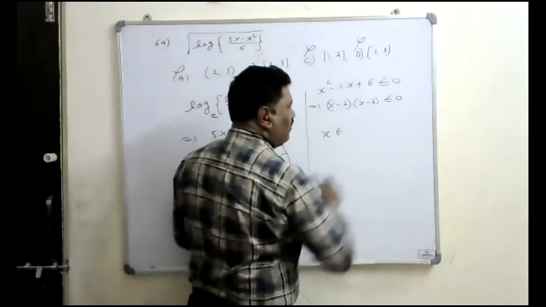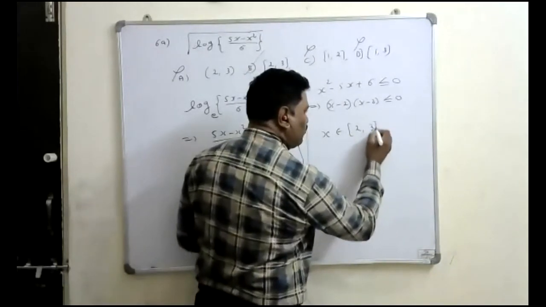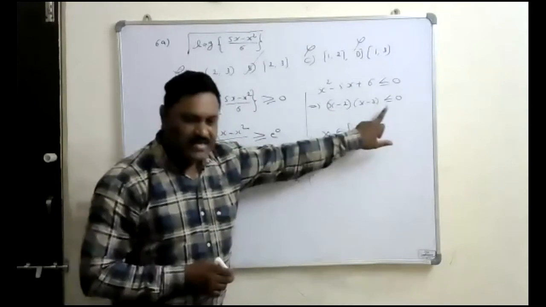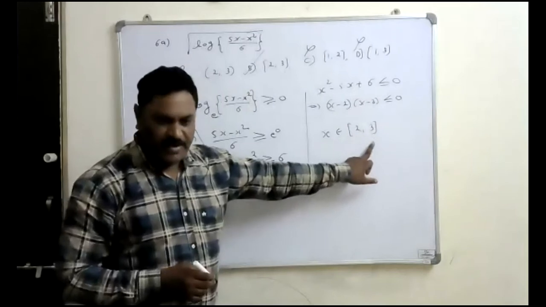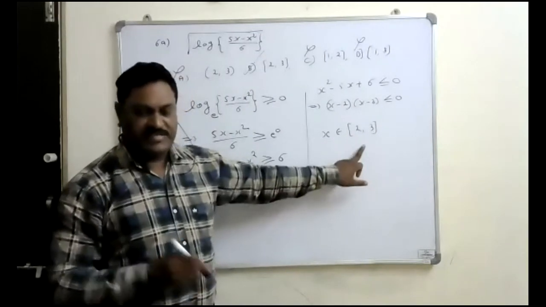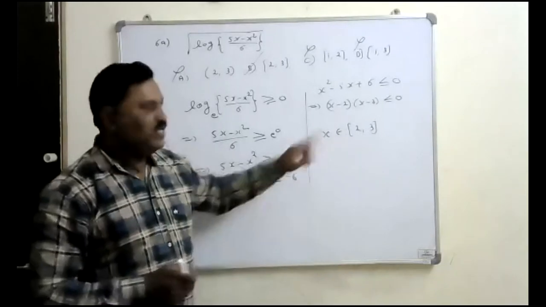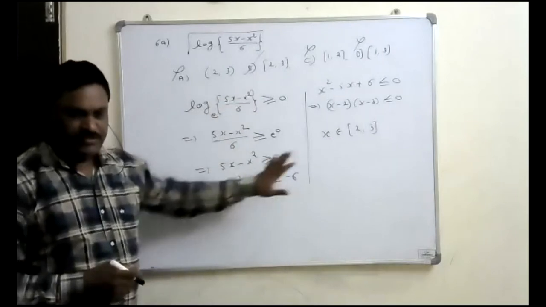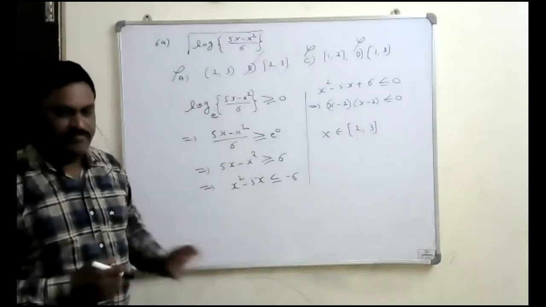Equal to is there, so we have to use a closed bracket, 2 comma 3 closed. So if (x minus alpha) into (x minus beta) is less than or equal to 0, then x belongs to [alpha, beta]. That is the second formula I gave yesterday, so that formula will apply. So this is the domain of that. Exactly that only we got. So this is the procedure. You should understand the condition, then you have to solve the inequations carefully.